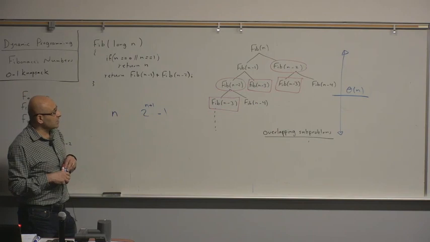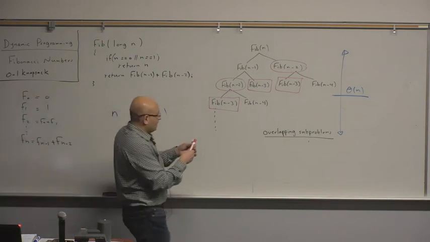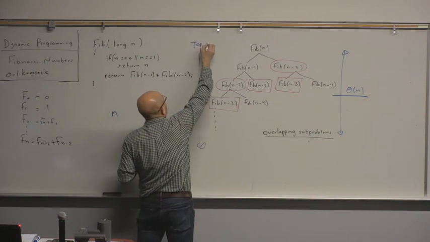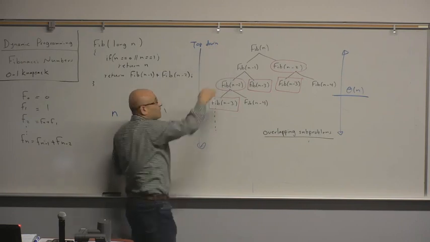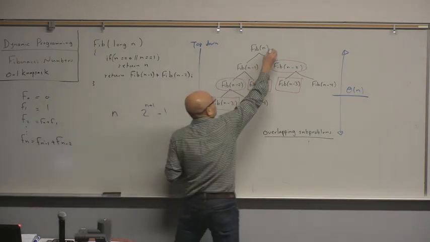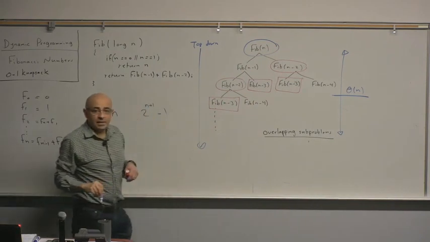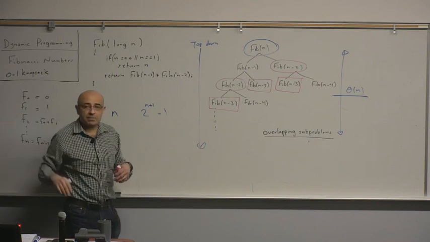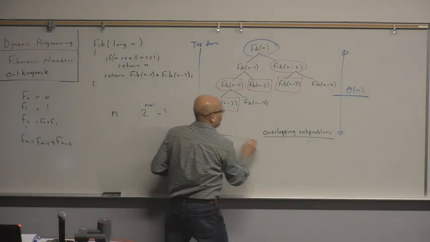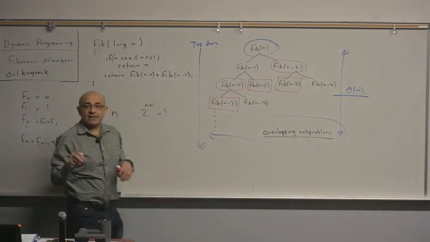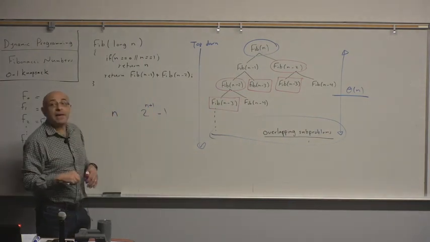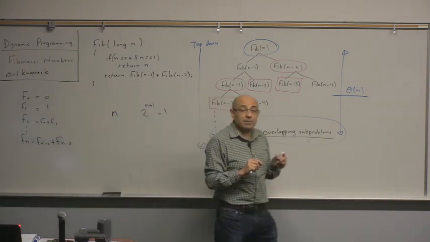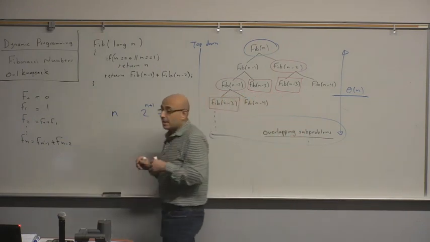So what if, instead of taking a top-down approach to the problem, starting with the big problem and dividing that problem into smaller subproblems, we start from the bottom of the tree and solve the smallest problems, the base sizes, first, then use the solutions to the base problems to build solutions to bigger problems, and so on.